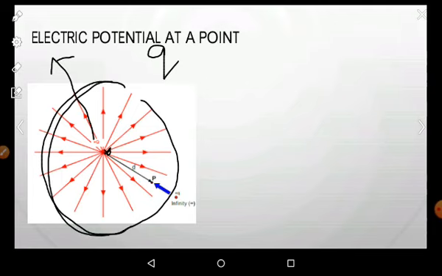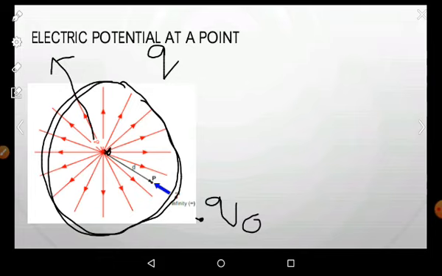Electric field, external field, and we have to consider another charge here, and this second charge is denoted by Q naught. This Q naught is initially outside the field. Comparing with the surface area of the electric field, the position of the Q naught which is outside is considered to be infinity, as it is not within the field.